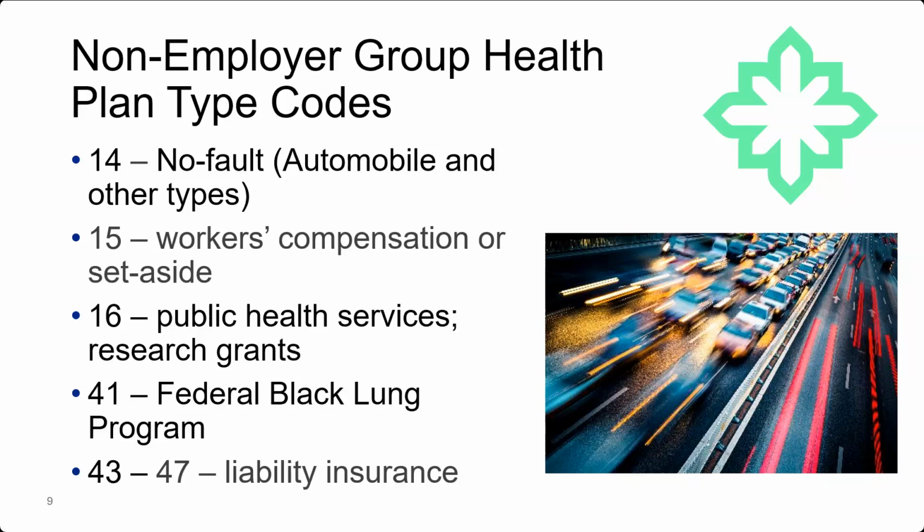I did receive a question, and I'll address it now. They asked for the non-employer group health plan type for the VA or Veterans Administration. Now, they did use the term VA. I'm going to assume they mean Veterans Administration. I want to let you know that there is no primary payer type for the VA. The VA is not a primary payer to Medicare. Instead, the VA is a payer.